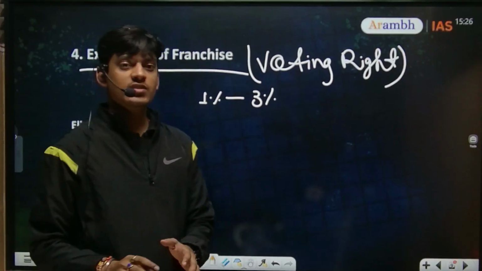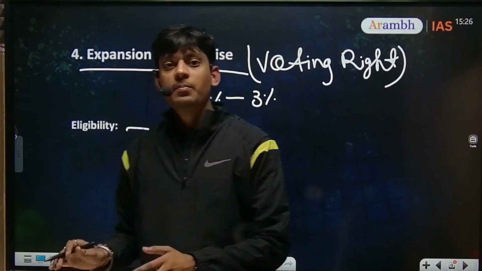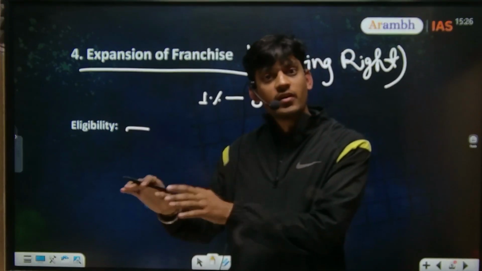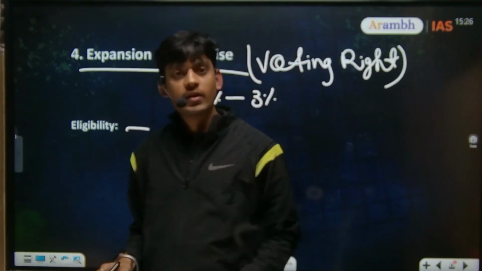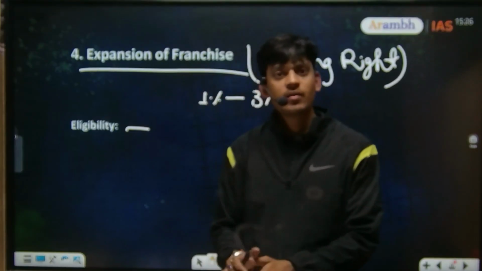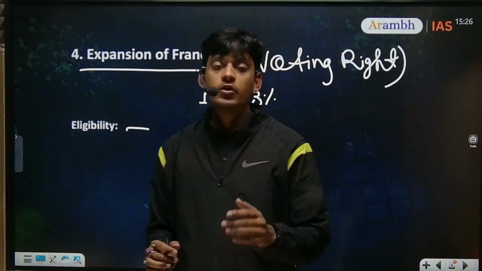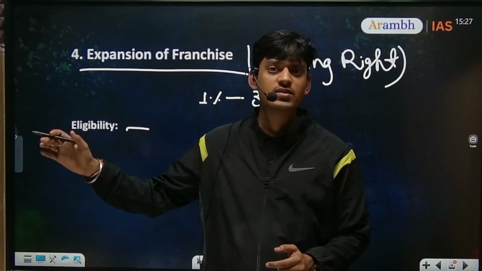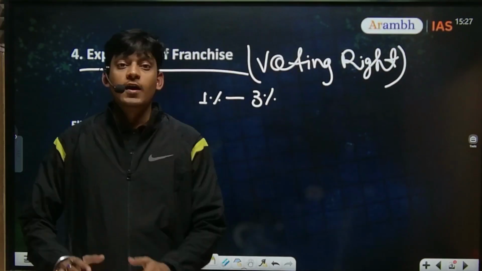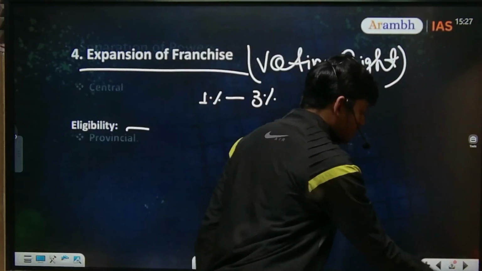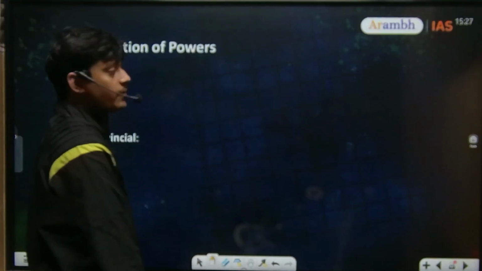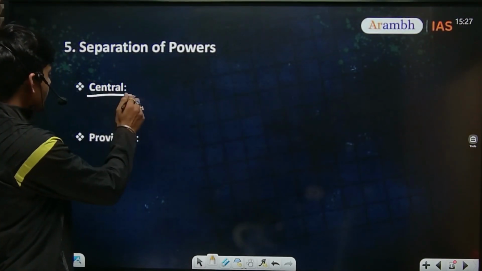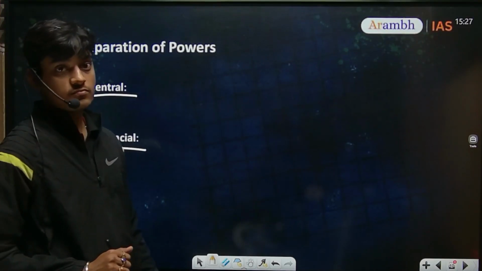Now the eligibility criteria is to pay land revenue of 3,000 plus per year, or be a graduate, or have income tax liability. Total voters 5.5 million out of 250 million population. Understood? And now the fifth point is separation of power, central and provincial.